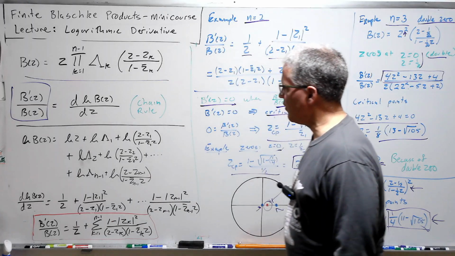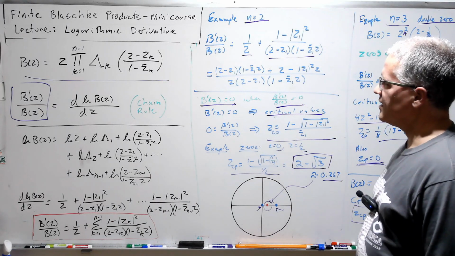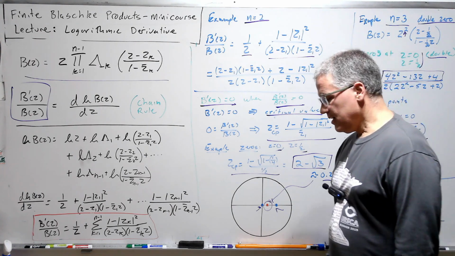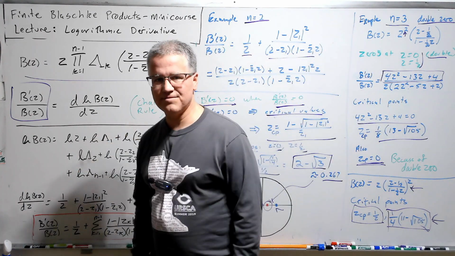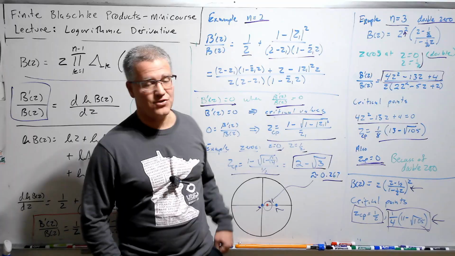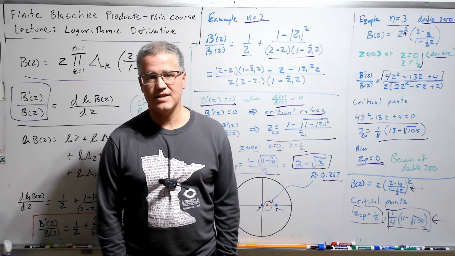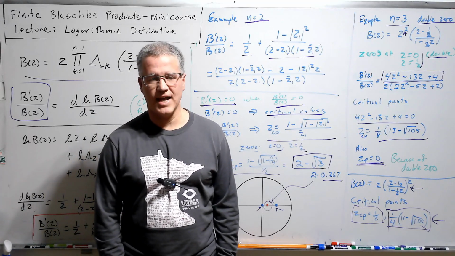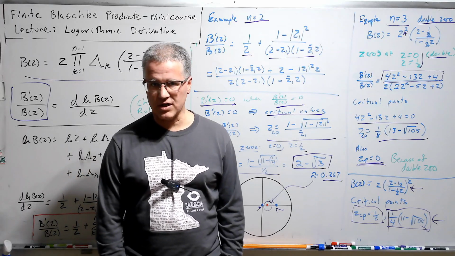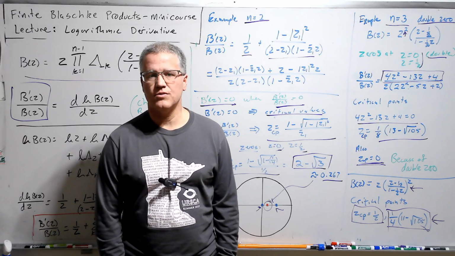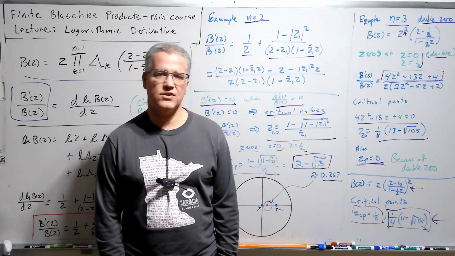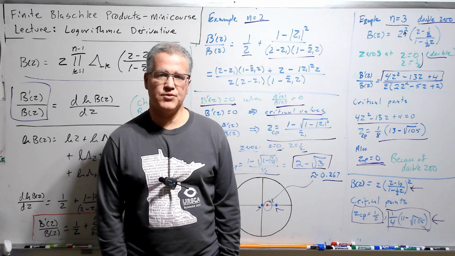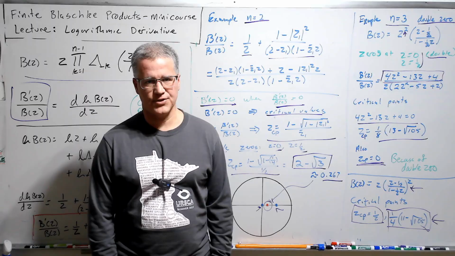So it's important for you to get a good handle on taking the derivatives. When things get higher than n equals 2 or this simple n equals 3, it gets difficult to do by hand. But you could set it up numerically, and we'll definitely do that, and explore the positioning of these critical values.